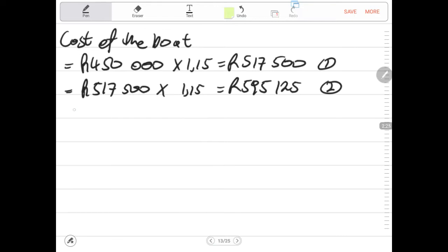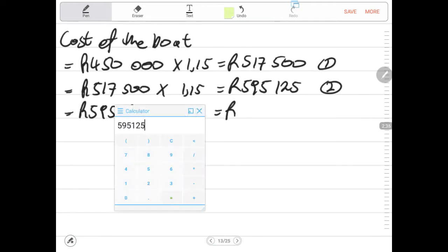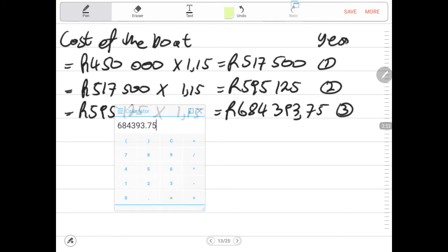Then we go to year 3 and say the 595,125, multiply this by 1.15, will give us the cost of the boat in 3 years' time, which is 684,393 rand 75 cents. This is year 1, year 2, year 3.